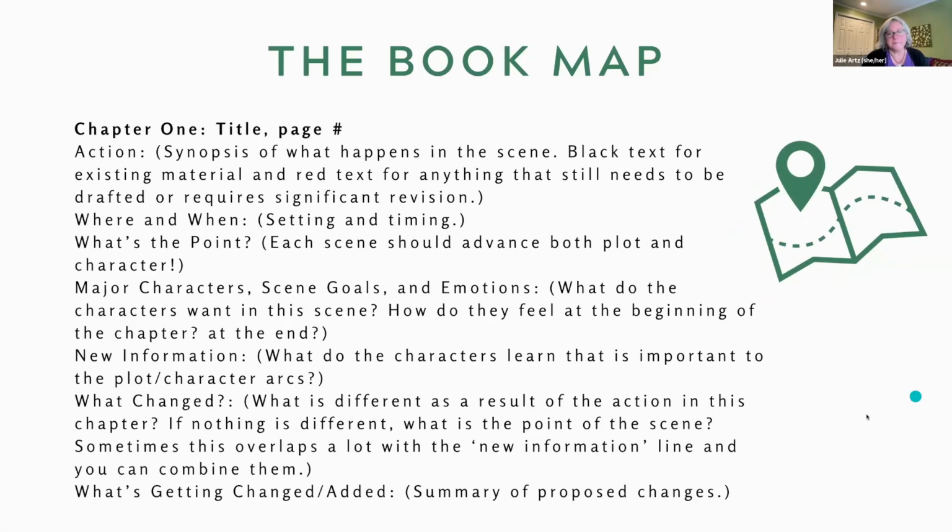And you can see just how detailed this is here. It's going to be not just the synopsis of what happens in the scene, and you can highlight in red anything that is changing throughout this process. But the when and where, the setting and the timing, which can be really important. I have a friend who talks about how she turned in a book and every single event that happened in the book happened on a Tuesday, different Tuesdays, but she just kept picking Tuesday.